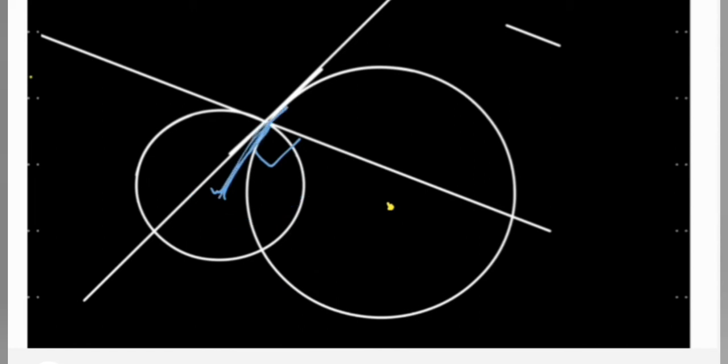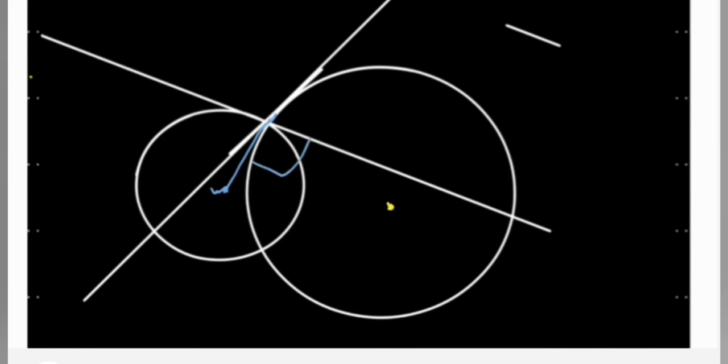This small line over here is the radius, right? So this line over here is the radius. Now the angle between the radius and the line that is tangent to this circumference should be 90 degrees.